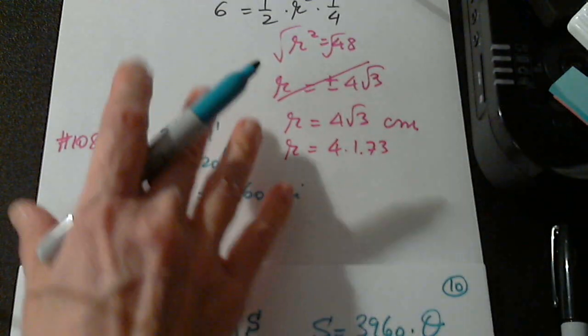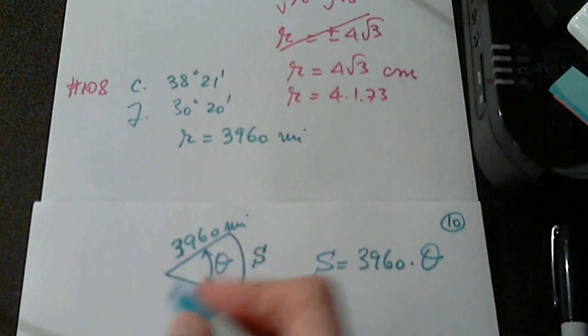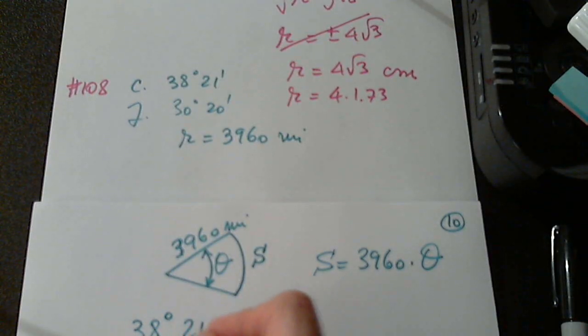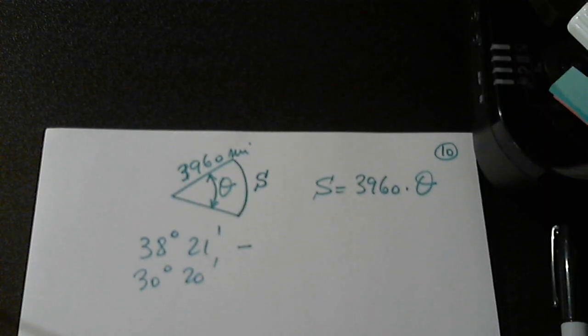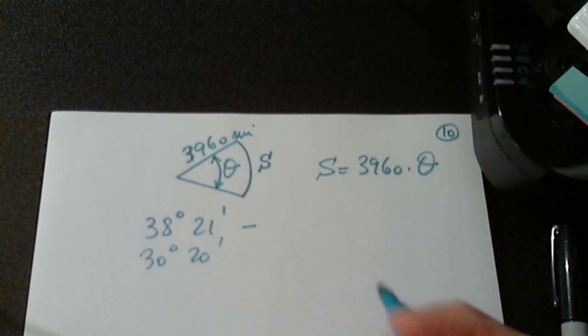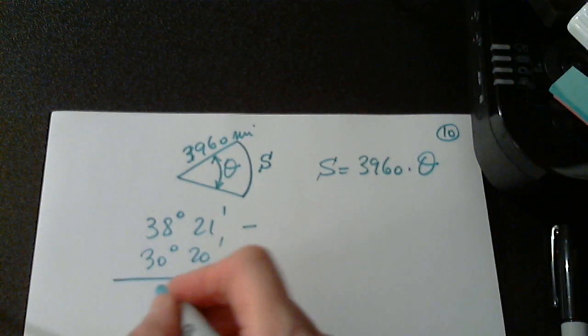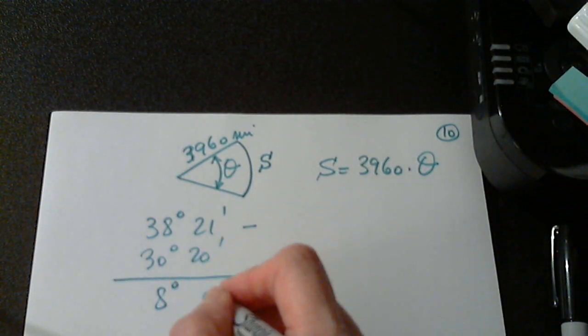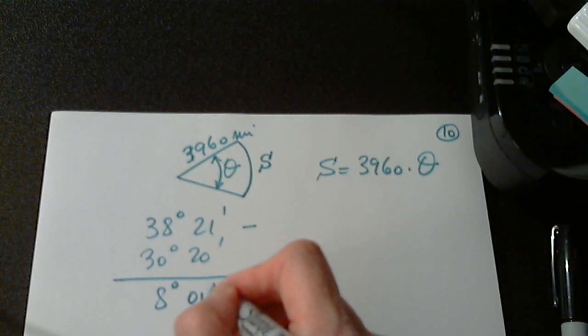Okay. So 38 degrees and 21 minutes minus 30 degrees and 20 minutes is, from the northern part, we subtract the southern part, latitude. So this is basically 8 degrees and 1 minute.